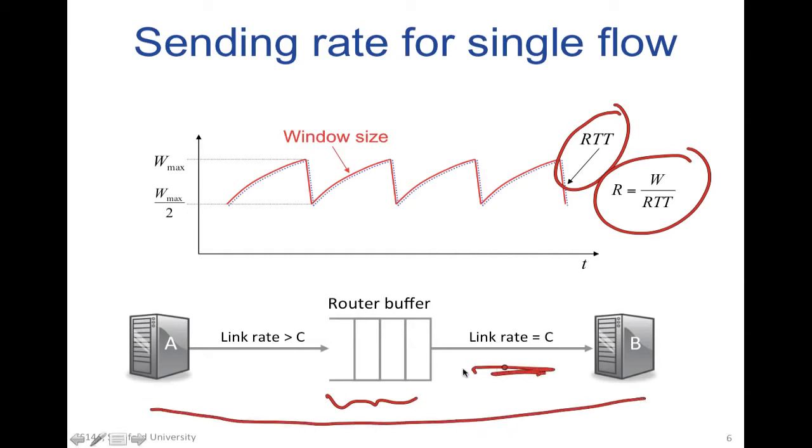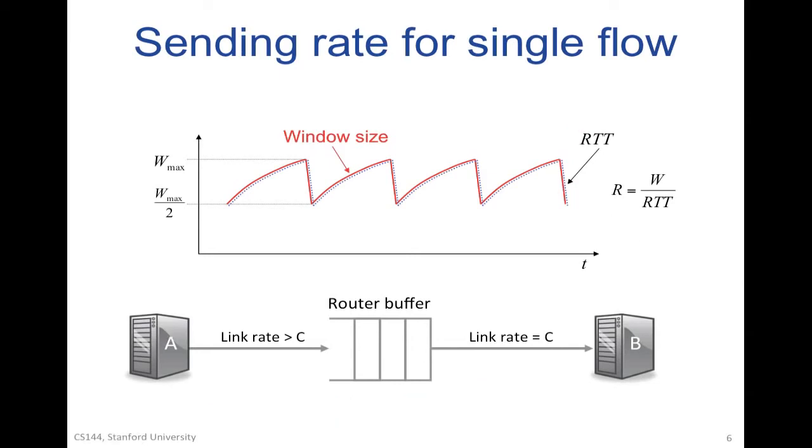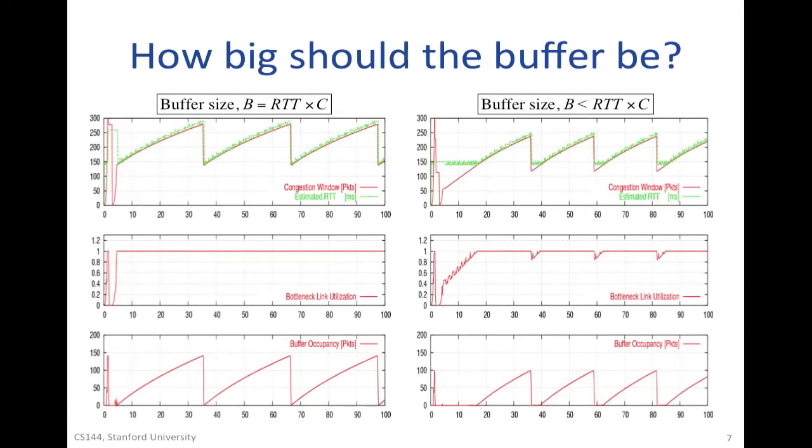Our bottleneck link over here, our link here with a faster rate, the router buffer between A and B. So if we were to look at that again in our simulation, and look at the behavior, the graphs on the left are the same as the ones we saw before. And in this case, the buffer occupancy equals RTT times C. In other words, it's just enough to hold enough packets that will fit into the round trip when the buffer is empty.